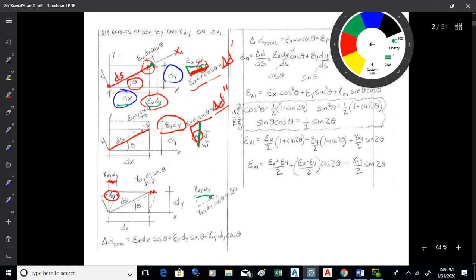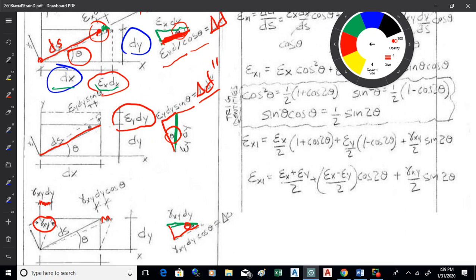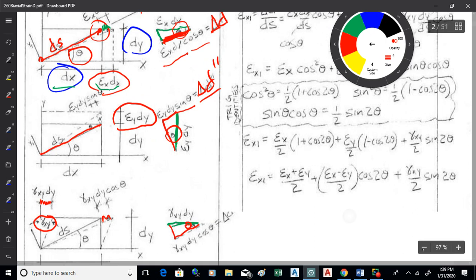There's the hypotenuse, which is the gamma xy dy. There's my angle theta right there. Hard to see, but there it is. So that little delta that I want will be gamma xy dy times the cosine of theta, because I'm adjacent to that angle theta. That's my delta d. I'm going to call it prime prime prime.